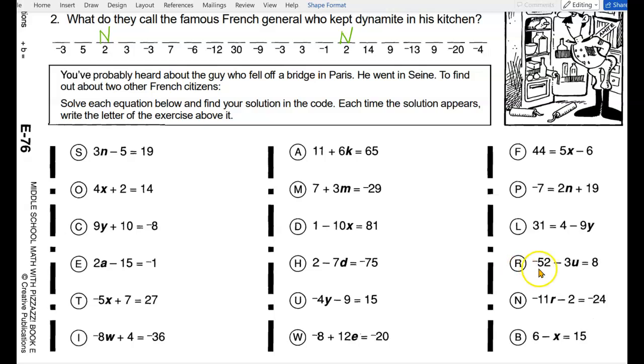We have negative 52 minus 3 times u equals 8. Let's start with the vertical line through the equal sign. We're going to star the number with the variable. We're going to box the number that does not have a variable. We're going to put the circle around the sign and the number and the variable.